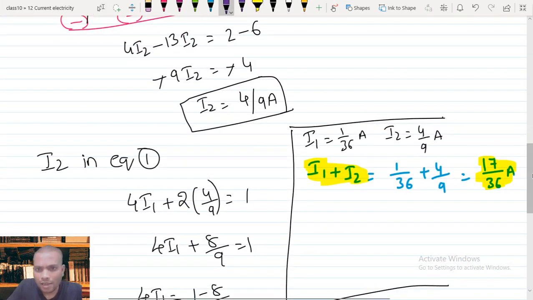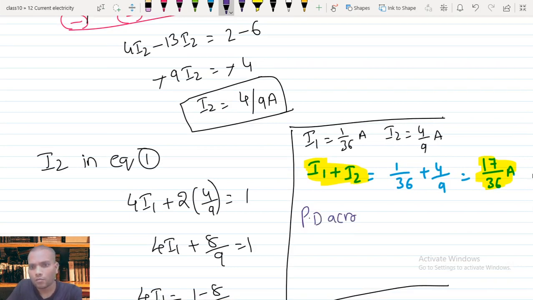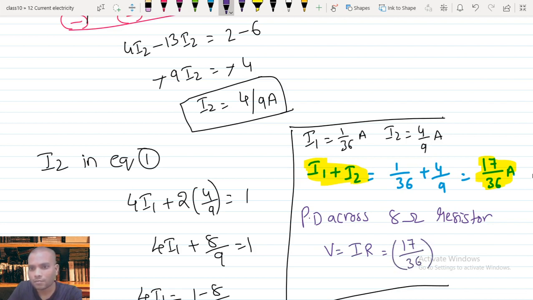So finally I need to calculate the potential difference across the 8 ohm resistor. The potential difference V equals IR. I got the current here, 17 upon 36, and the resistance is 8 ohm. They were asking what is the potential difference across that.